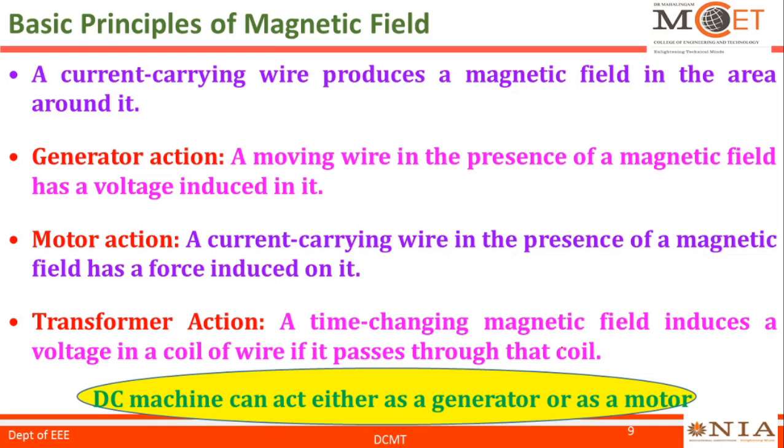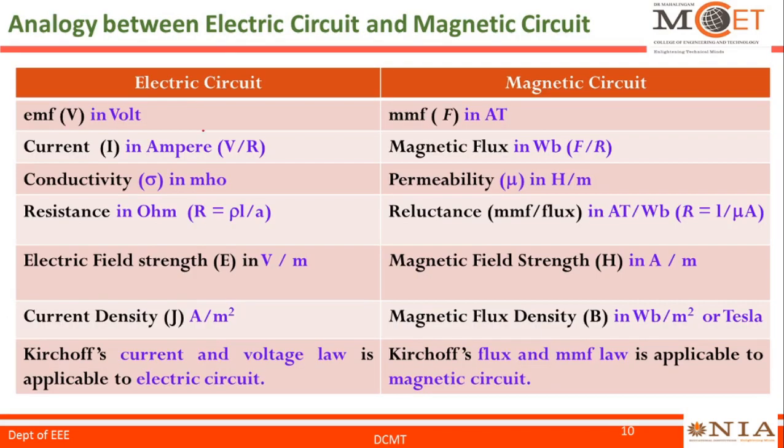Transformer action: a time changing, alternating magnetic field induces a voltage in a coil of wire if it passes through that coil. Any DC machine can act either as a generator or a motor, depending upon the type of input applied at the input terminal of the machine.